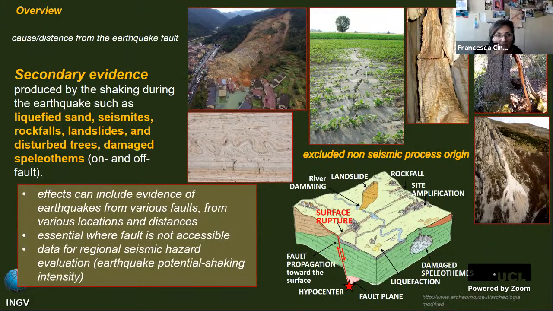Let's just think of a fault under the water, or a fault that is blind, or an unmapped fault. And this evidence also provides data for regional seismic hazard evaluation, and information on earthquake potential shaking intensity.